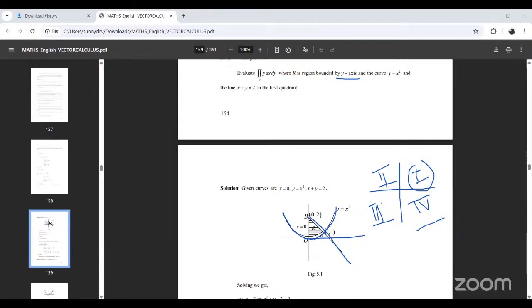So we need to find the intersection. Since y equal to x square and x plus y equal to 2, we get x square plus x minus 2 equal to 0. Now apply factorization.